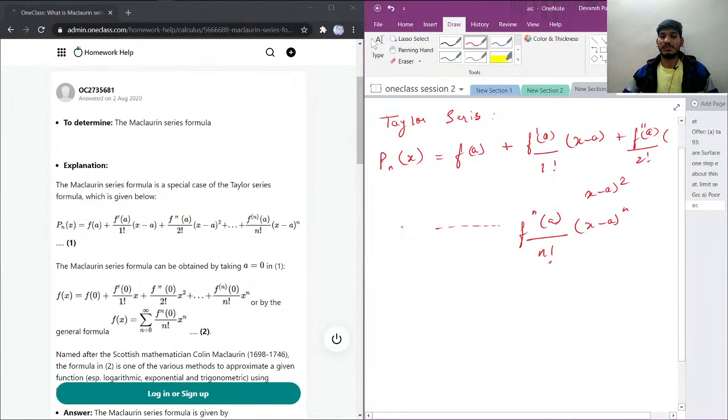Now this was the Taylor series, and the Maclaurin series is basically a special case of the Taylor series where this a is equal to 0.